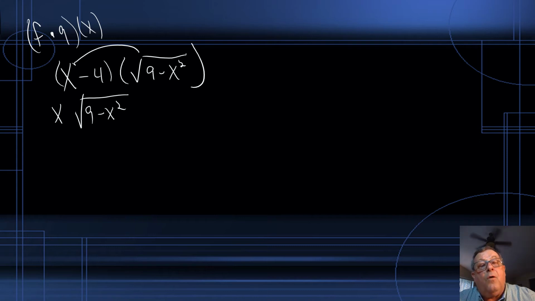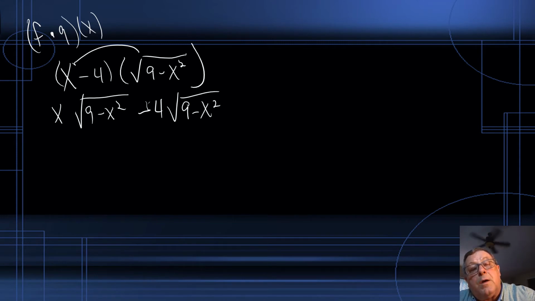And then -4 times the square root of 9 minus x squared is just -4 times the square root of 9 minus x squared. Okay, well, that's multiplying the two of them together. Now, again, I want to think about my domain restriction.